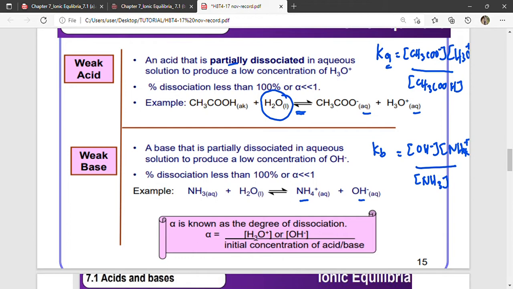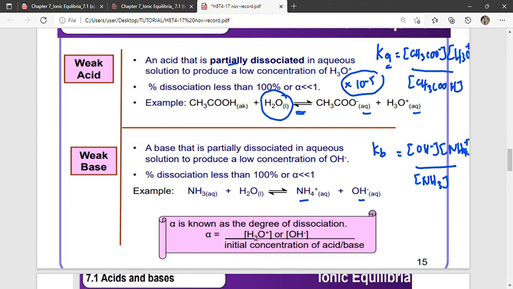Since the values of Ka and Kb are exponents like -5, -7, -10, it shows that the dissociation of the weak acid or weak base is very small compared to the initial concentration.